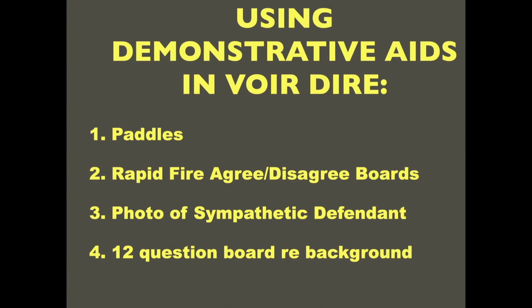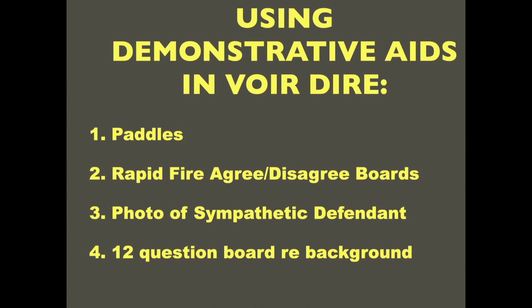Another item, I have a 12-question board. We can take a snapshot. It varies from trial to trial. By the way, when you are using boards or exhibits, always remember the psychologists tell us coloring is so important. There are books on the psychology of coloring and lettering. There's a reason a stop sign has a certain color background and a certain color lettering.